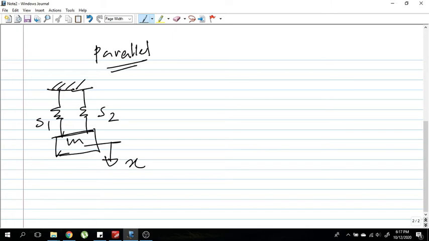For example, if the deflection of the S1 spring is delta x1 and the deflection of the second spring is delta x2, then the deflection of the system, that is x, equals the deflection in each spring.